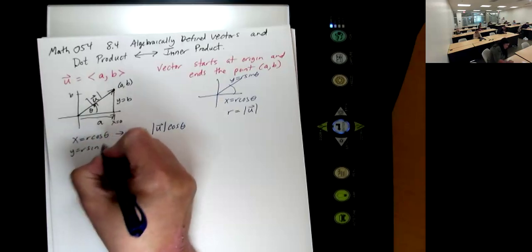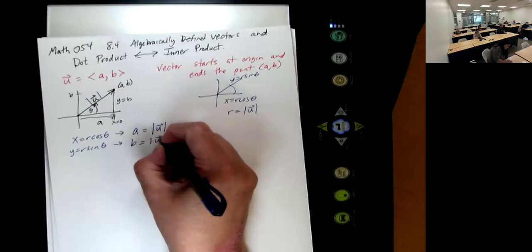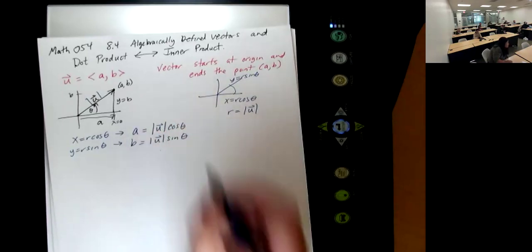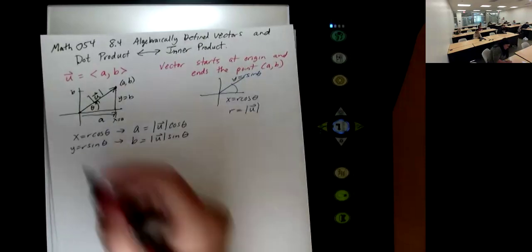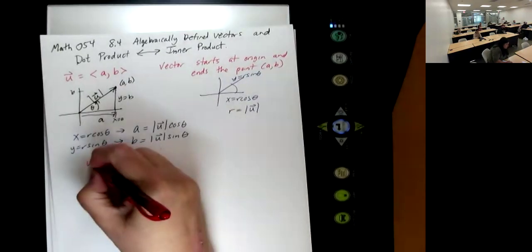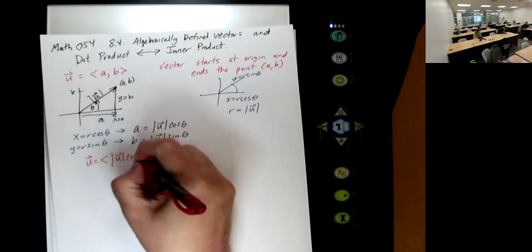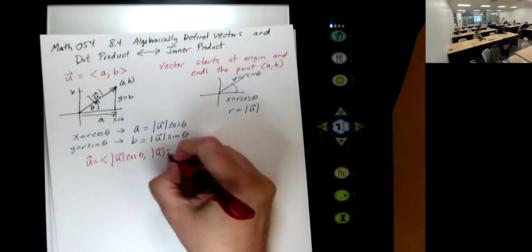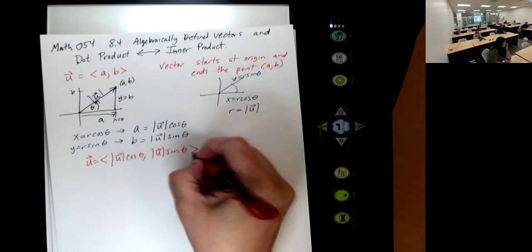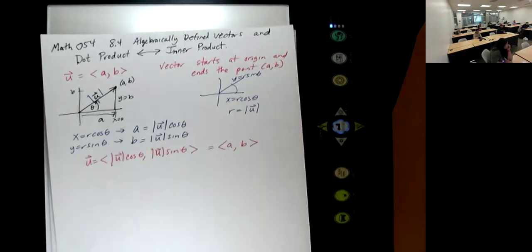And y equals r sine theta, b, turns into the magnitude of u sine theta. So I could write u as the magnitude of u cosine theta, magnitude of u sine theta. Well, we'll go a, b, just to see them together.